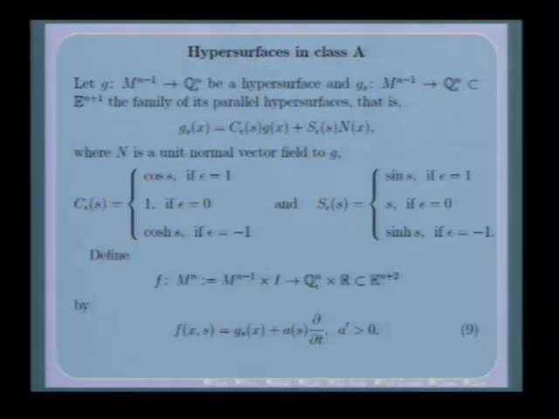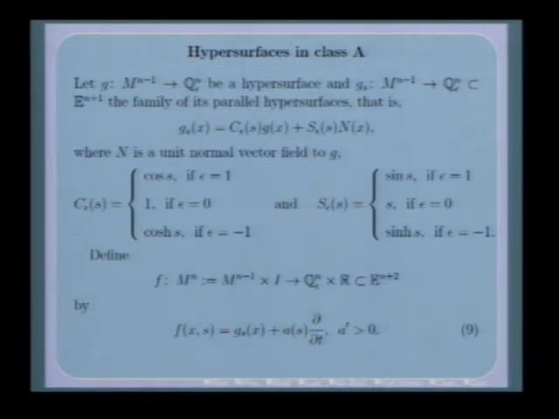Then you can define a submanifold of the product space in this explicit way. You just take this point in the base space and raise a distance along the factor R, which is given by an arbitrary function of the variable s in I.